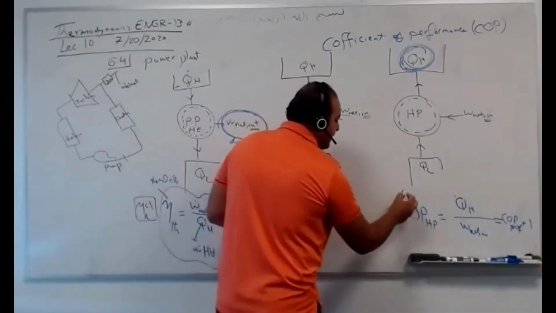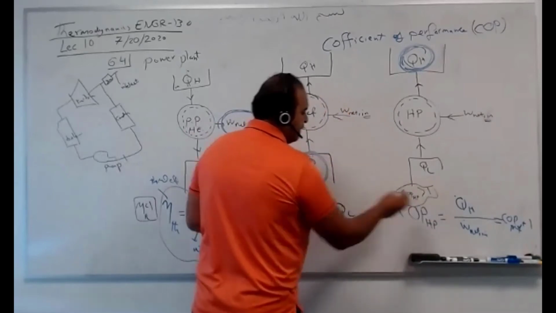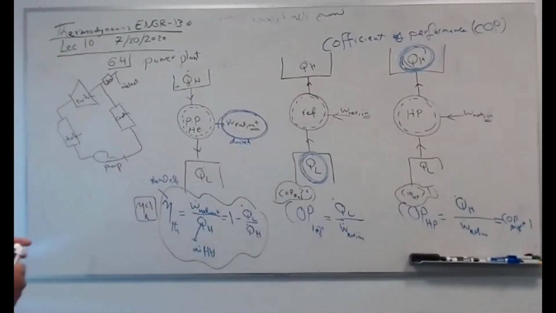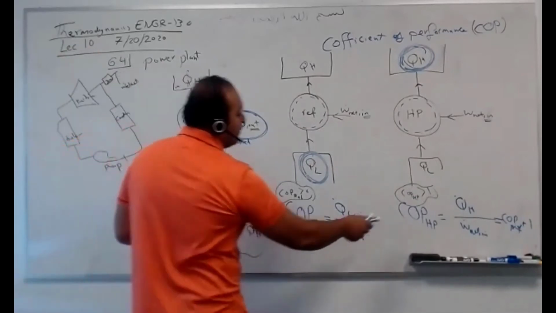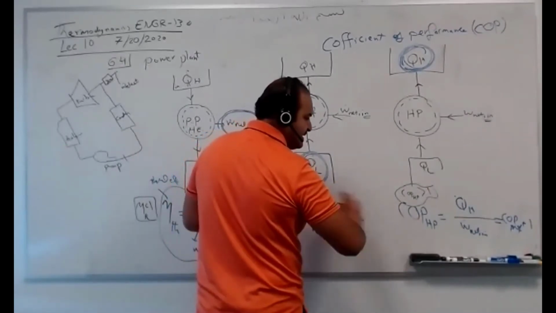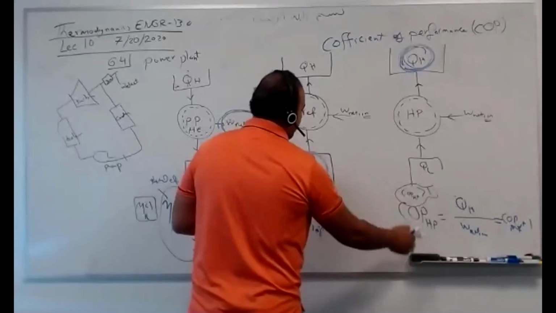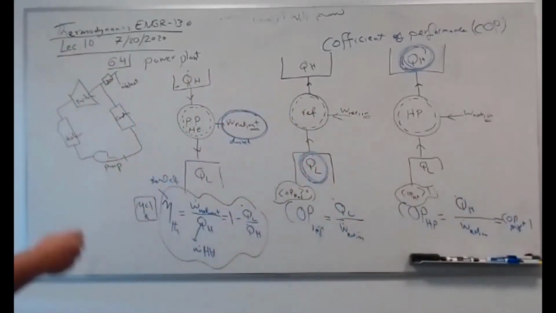The COP of the heat pump is 1 plus something, so it is always greater than 1. It can be 1.1; 1 would mean zero efficiency. It can be 1.5, 3, 4. The bigger, the better: I get much Q high from little work in.